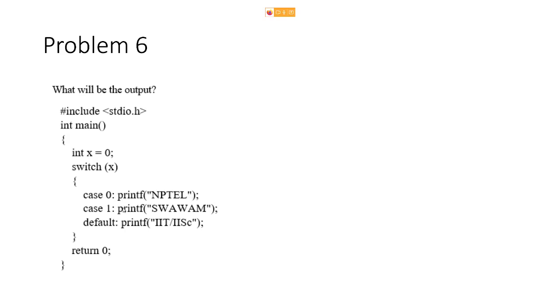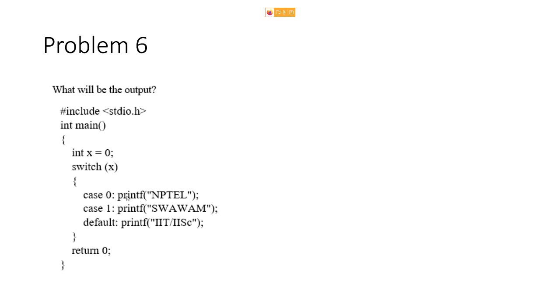It will just execute all of the statements after this. You're saying it should print only the default statement, which is printf IIT, but not case one. But that's not how it works.